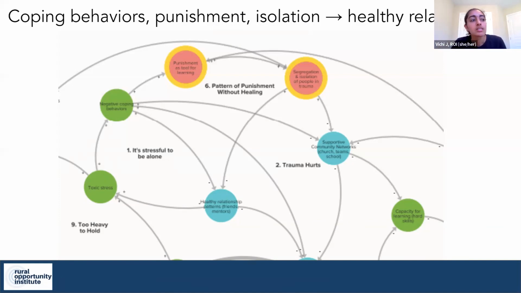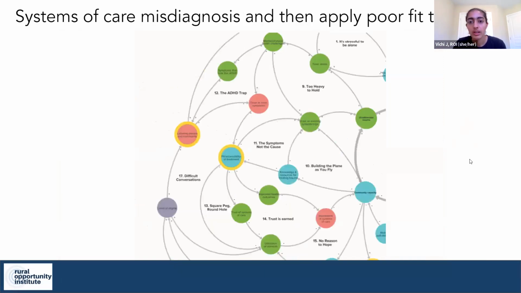Almost always they are automatic punishment responses, and people end up in these segregated, isolated places like I was naming, and they no longer have access to healthy relationships, supportive networks, or additional tools for coping. And if and when they're able to leave that space, oftentimes if they're exposed to that stressor again, this pattern repeats. So that was a really common narrative.